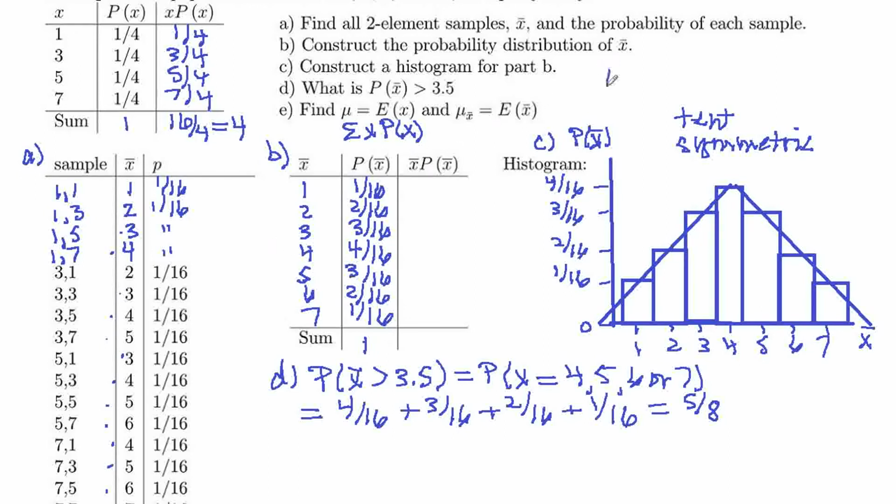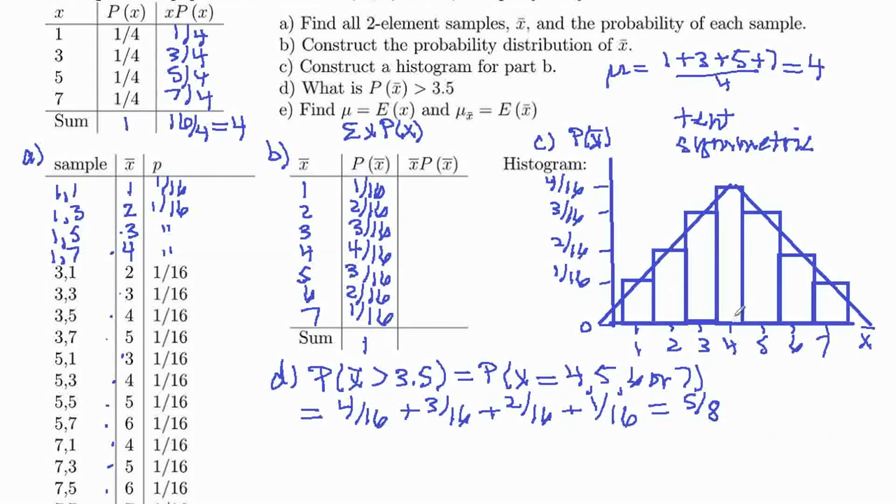So just a note here, mu is also 1 plus 3 plus 5 plus 7 divided by 4, which is 16/4 or 4. Now for the x bar distribution here, we'll notice that 4 is in the middle of the distribution and symmetric on both sides.